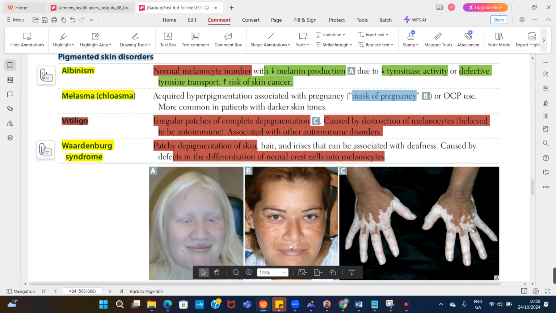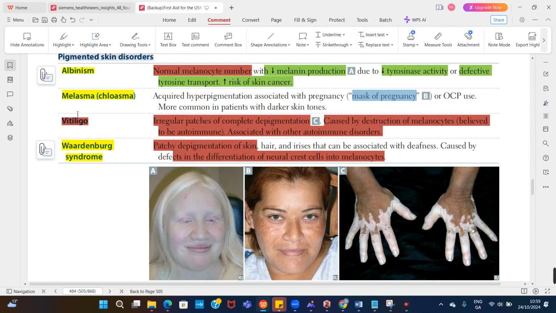That's why it commonly occurs on the face. So once you see a patient having hyperpigmentation, certainly on the face, maybe after getting pregnant or after using OCP, you know what they are talking about is what? Melasma. You just laugh, you pick your answer, and you move on joyfully.